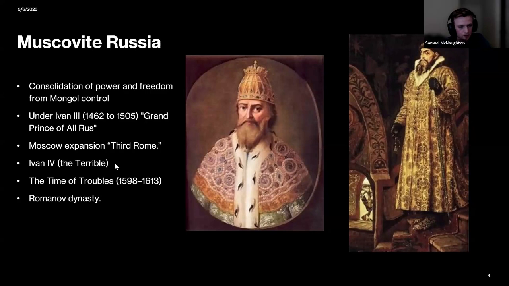Now, his successor, Ivan IV, despite his actions, also expanded Russian territory and increased the strength of Russia. His paradigm began to look like a rigid social hierarchy.